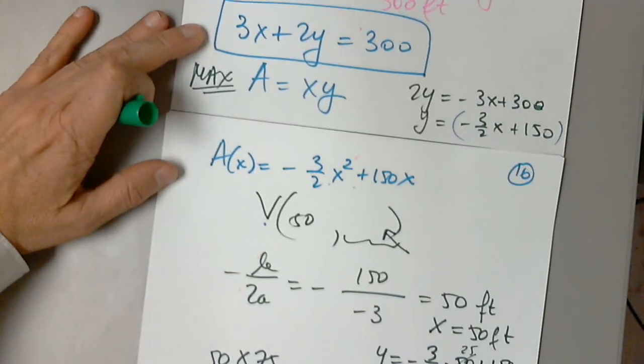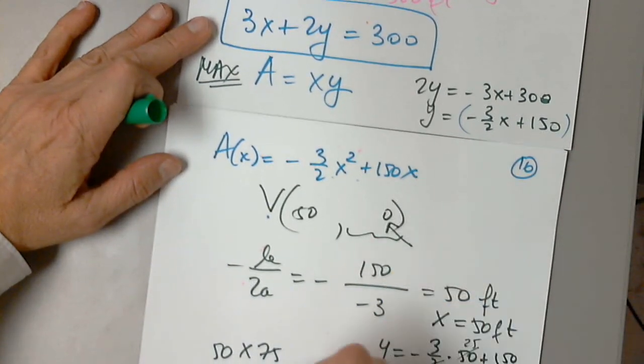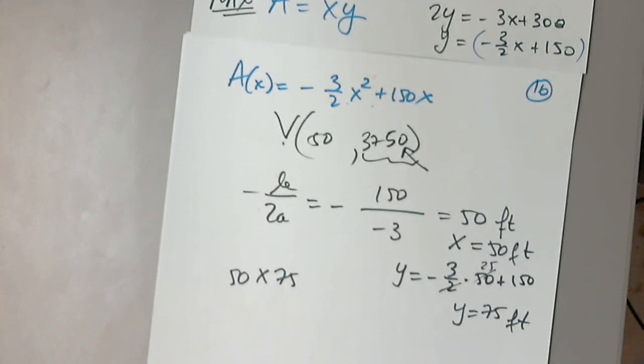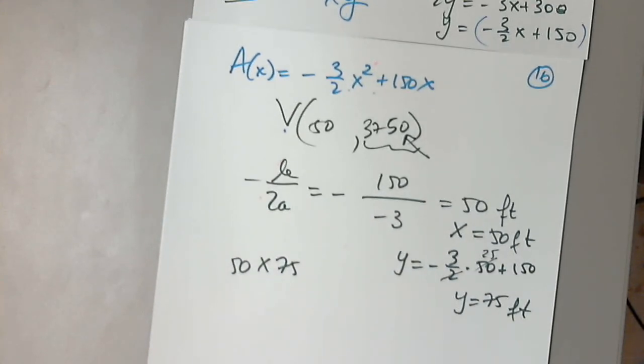So now when we multiply, we get 3,750. So we will say as the correct and full answer: using 300 feet of fencing and dividing the garden like in the figure, the maximum possible area is 3,750 square feet.